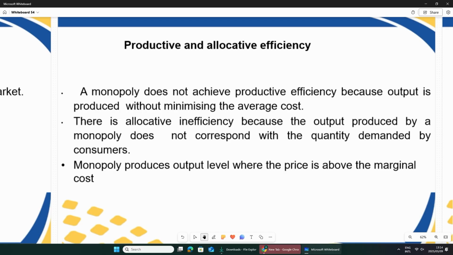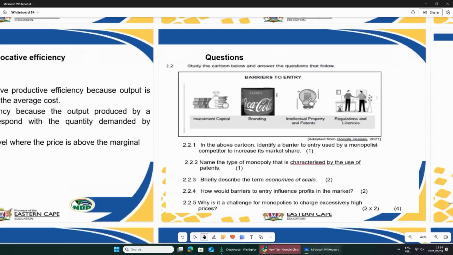It does not achieve productive efficiency because it cannot produce at the lowest possible cost, or at the lowest point of the average cost curve, because of the inefficiencies. And we have got some questions here that you can attempt doing on your own.